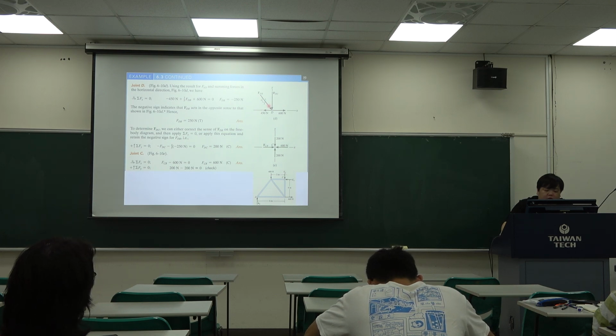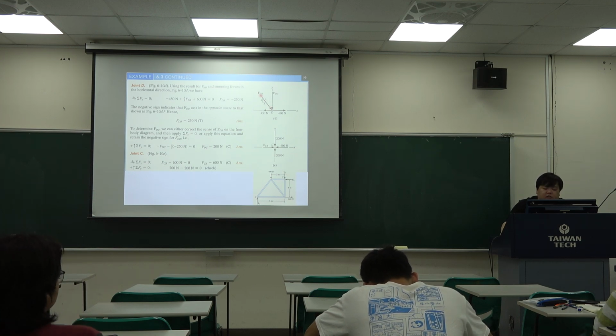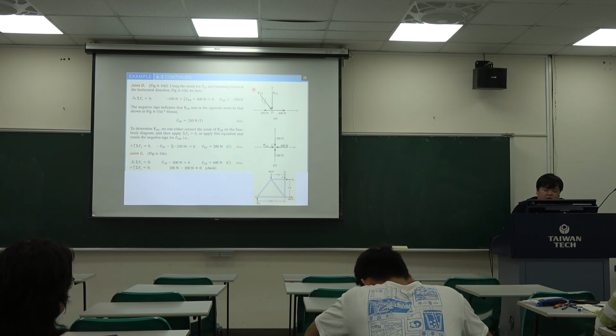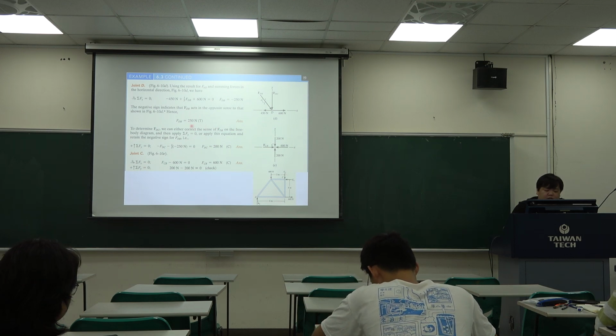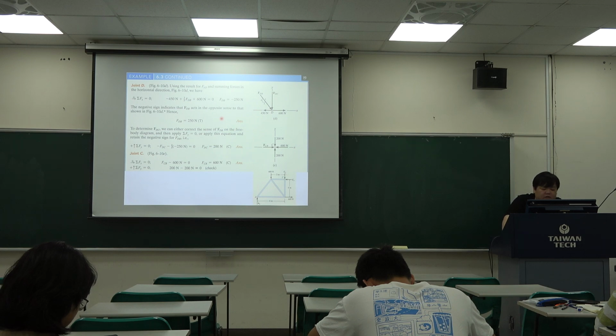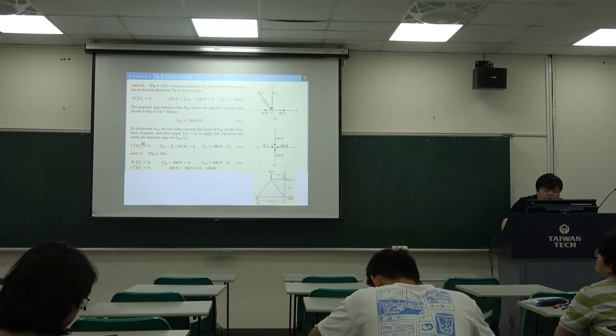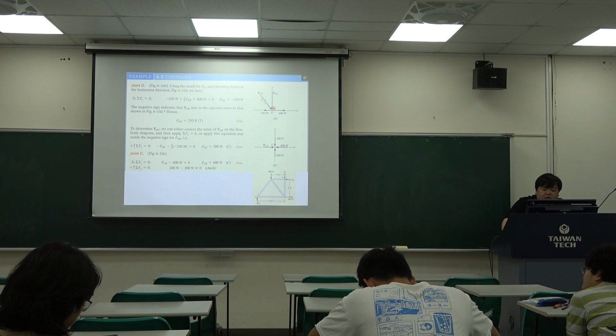Because we assume the force direction like this, if you get a negative force value, it means the direction is from this to this, so the truss gets the reaction from this to this. So the force is tension. And we can also do the summation Fy equals to 0, just using this force and this force. The answer is like this.